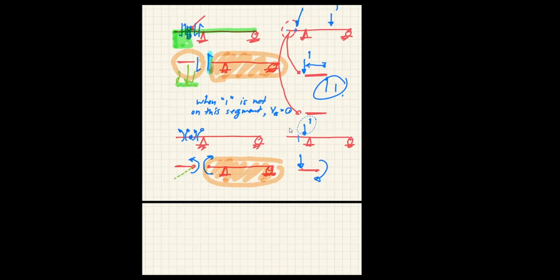Only when the load is on the left that this portion will be bent. Okay. When the load move past point A, now point A may come down, but it will no longer bend.